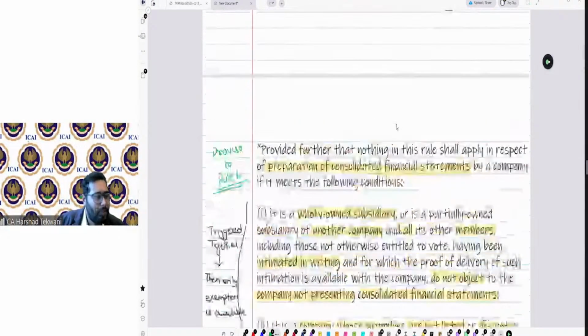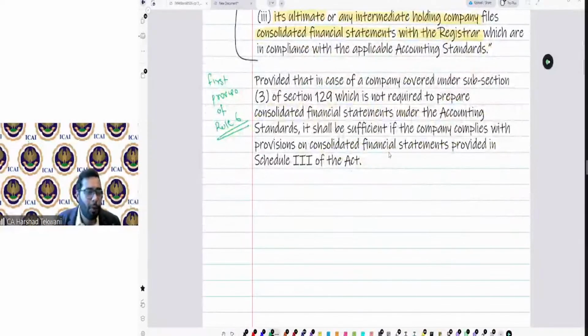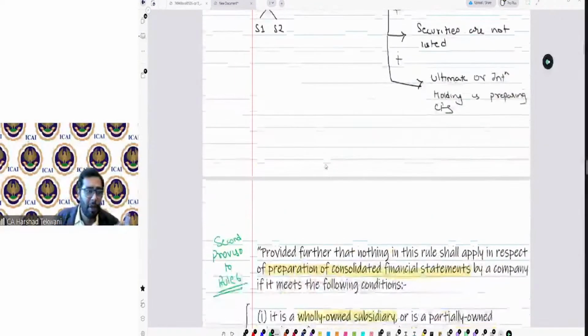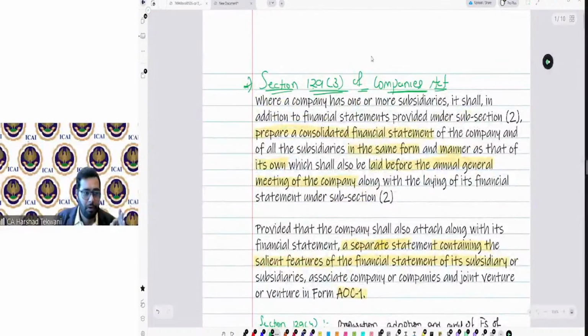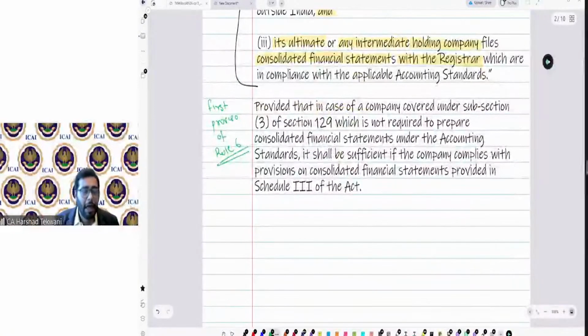And there was a second provision. The first provision says that, in the case of a company covered by section 129(3), the company which is required to prepare CFS, and which is not required to prepare consolidated financial statements under the accounting standards, it shall be sufficient if the company complies with the provisions on the consolidated financial statement provided in Schedule 3. Now, this is a very important point.